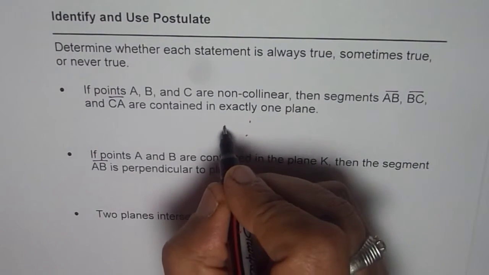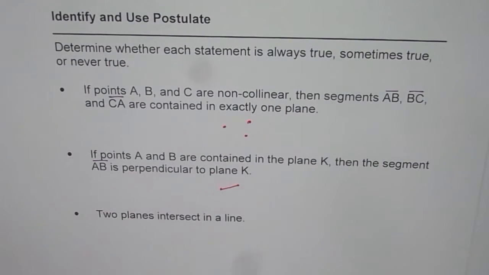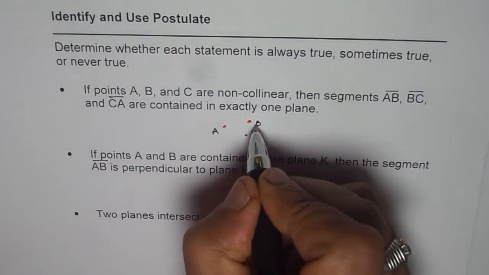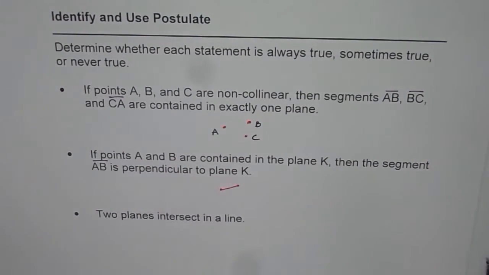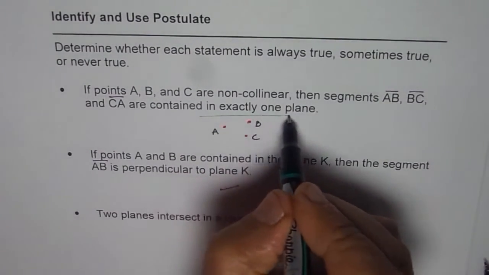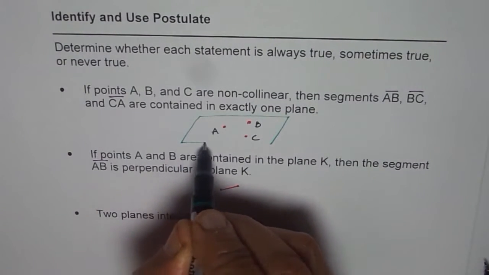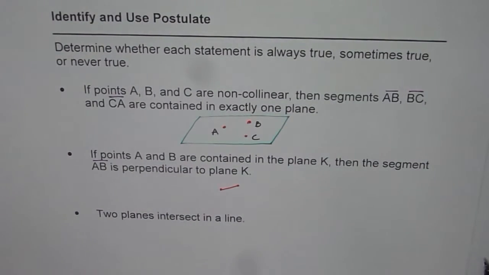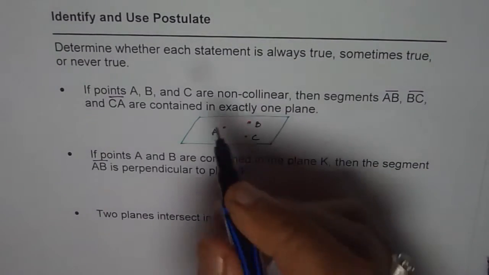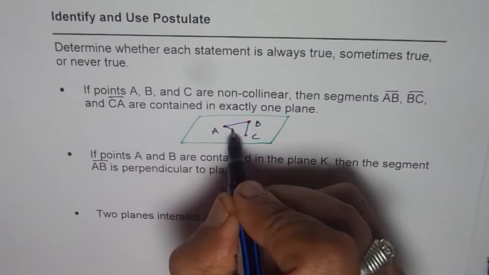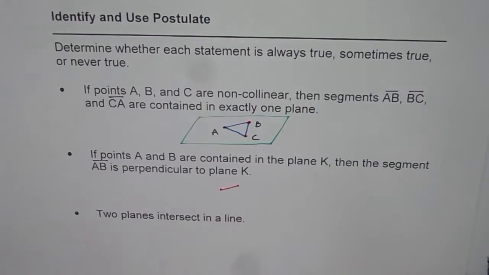So if we have these 3 points, and let us say these points are A, B, and C, then we know that a plane will uniquely contain all these 3 points. Now the question is whether the line segment joining these points will be contained in the plane or not. That is the question, right?